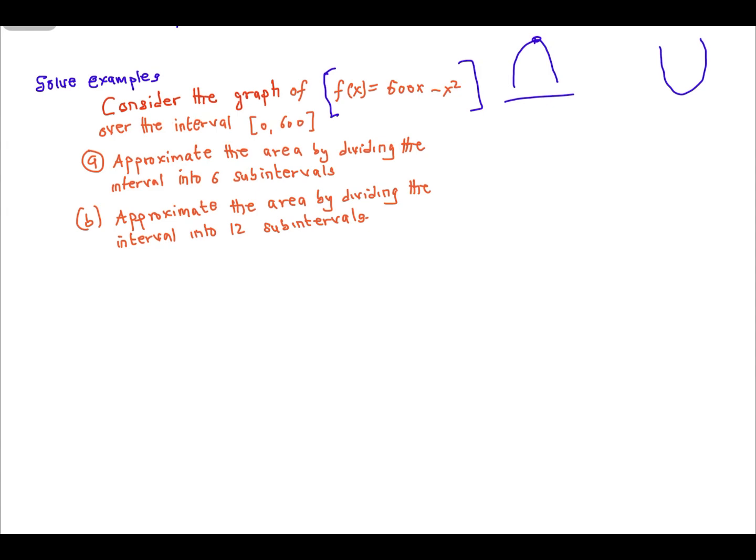Based on that, if you are able to determine the turning point of this function, you will be able to evaluate the value at the turning point. That's something you need to take note of.